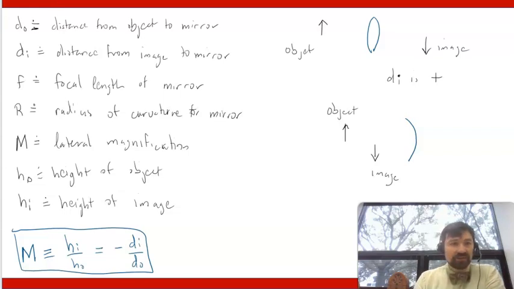So I could draw that in maybe yellow. If I end up with an image here for the lens, or an image here for the mirror, then this would represent a negative image distance.